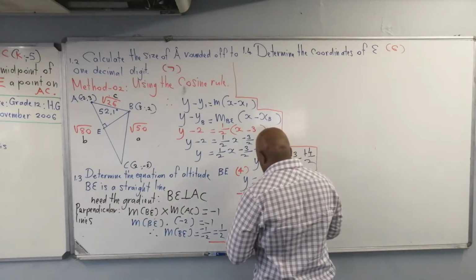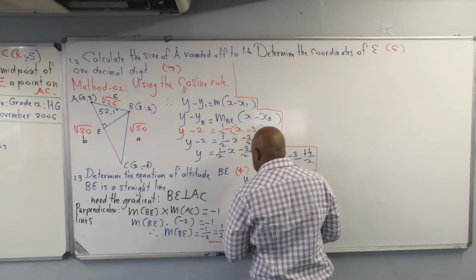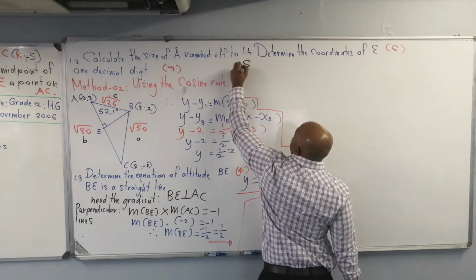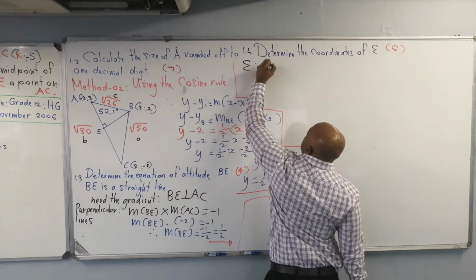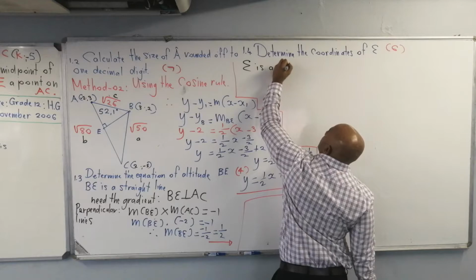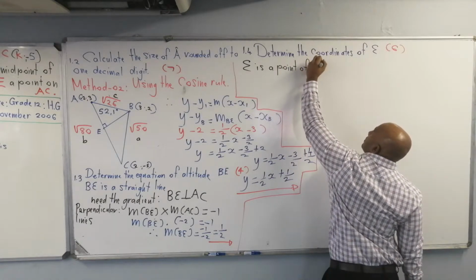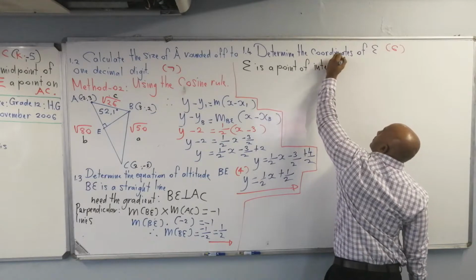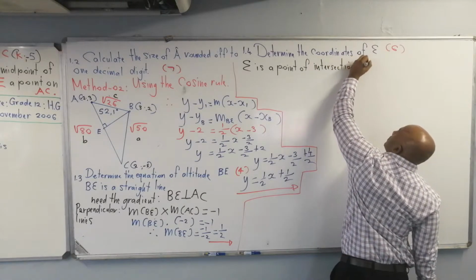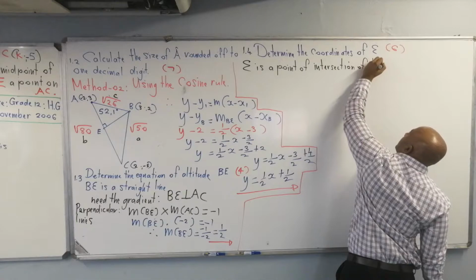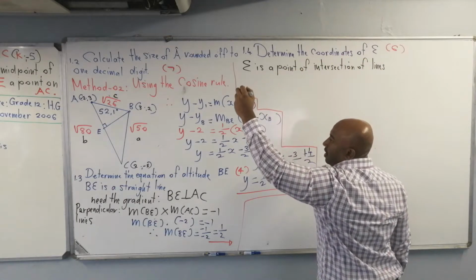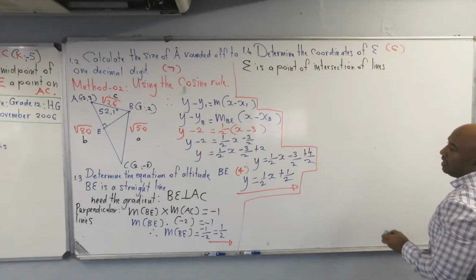Let's write that down. E is a point of intersection of lines AC and BE.